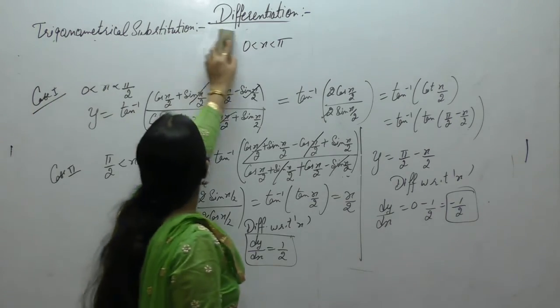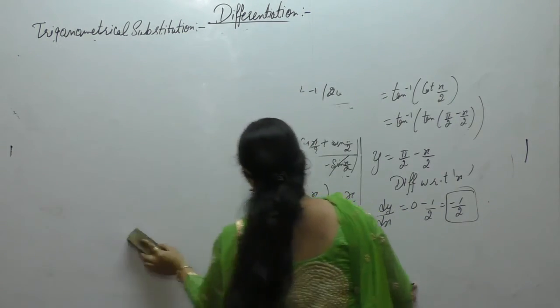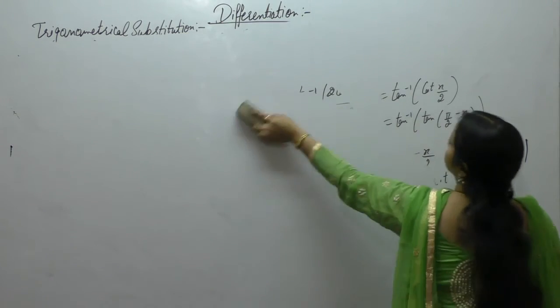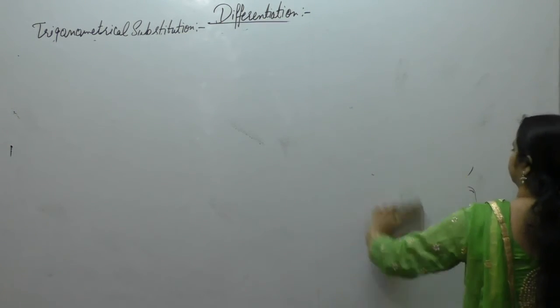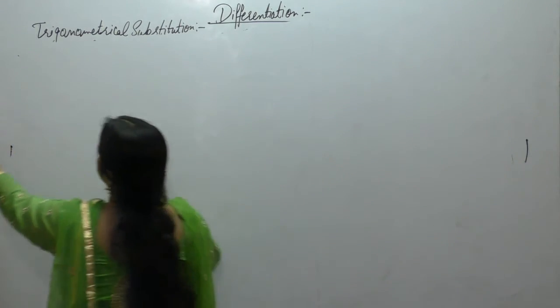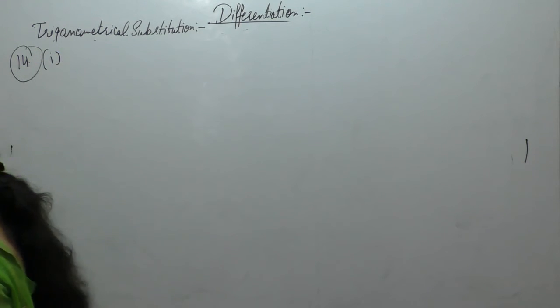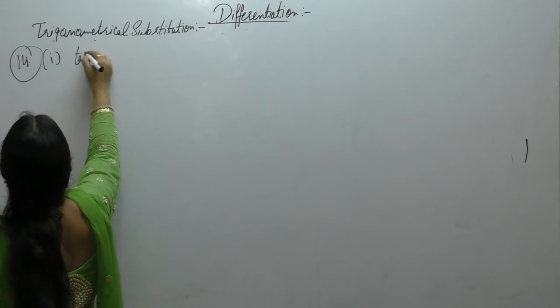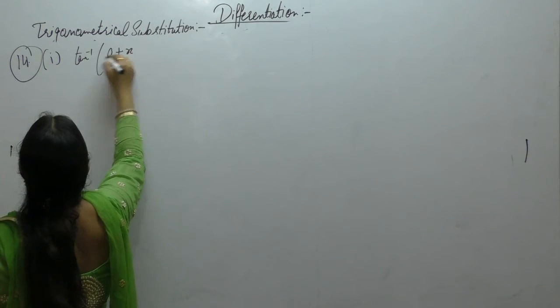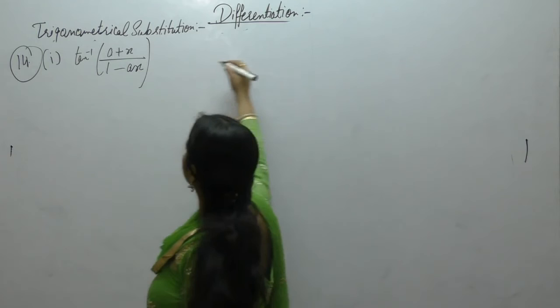Now the next question. First part is tan inverse (a plus x) upon (1 minus ax).